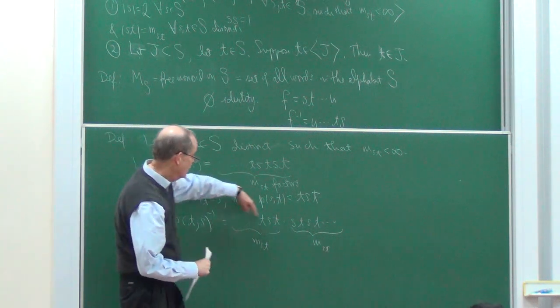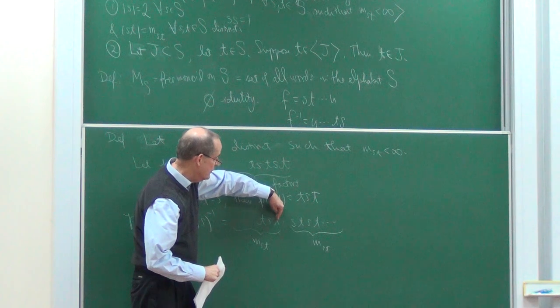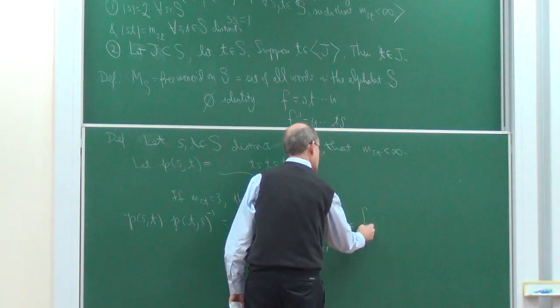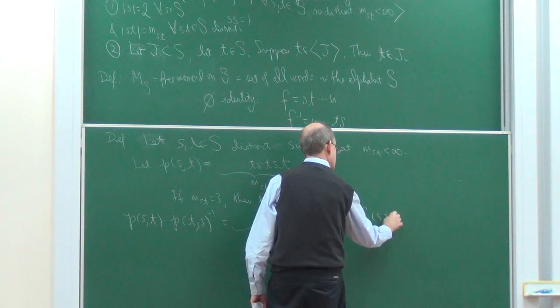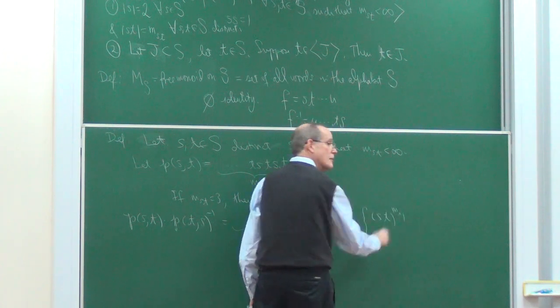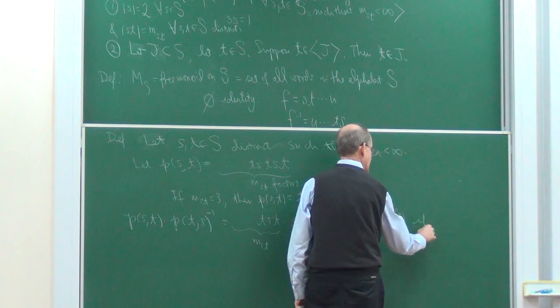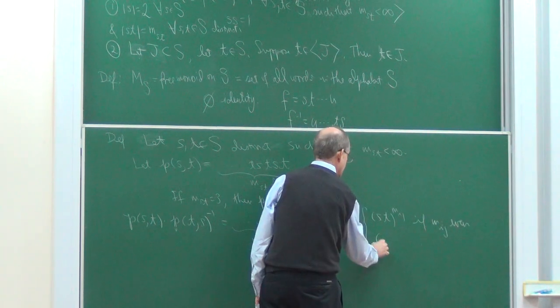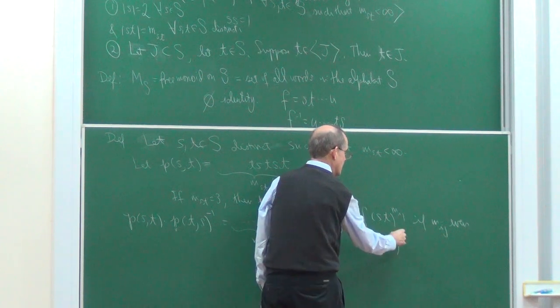But now we see that there's no doubling up. Here this ends with T and this begins with S. So what we have is just the product of S with T, M_{ij} times, if M_{ij} is even, and if M_{ij} is odd, we get this product.